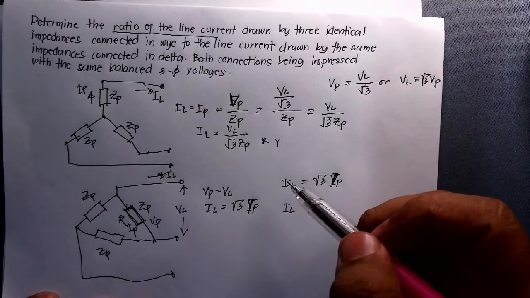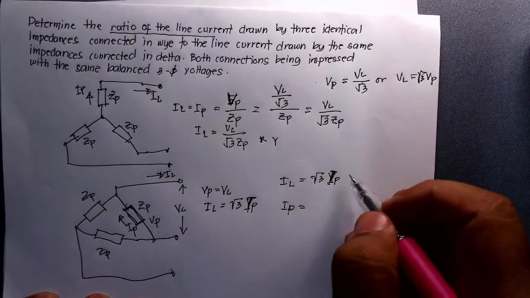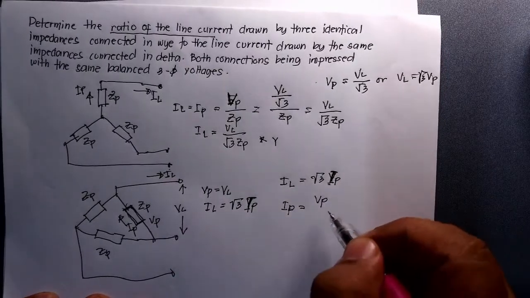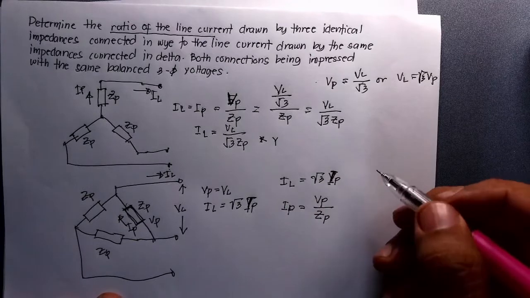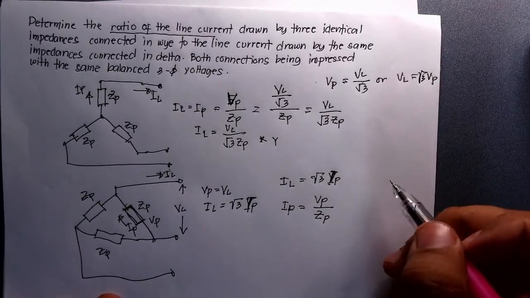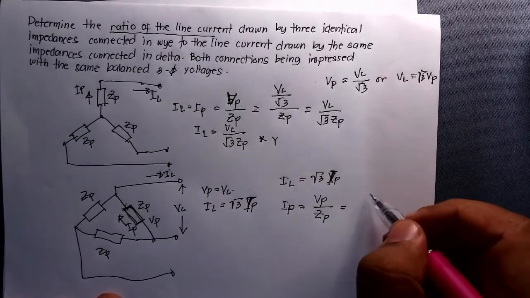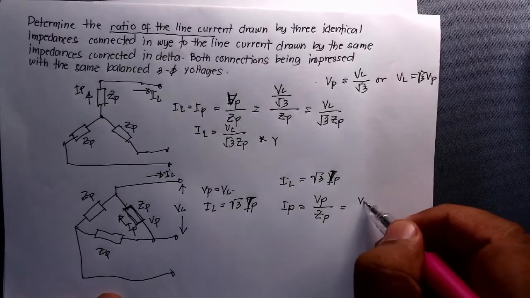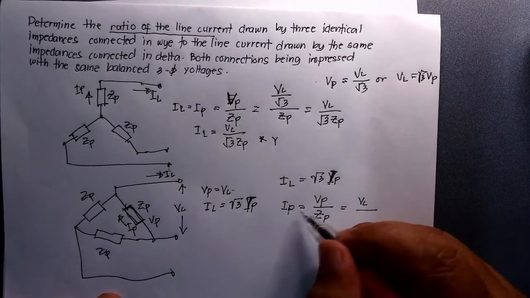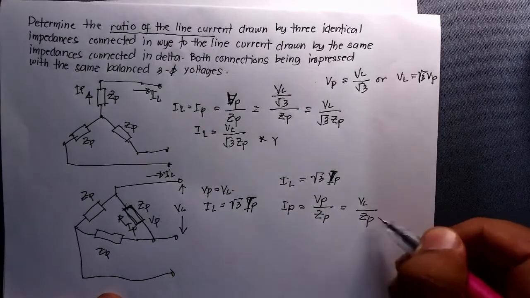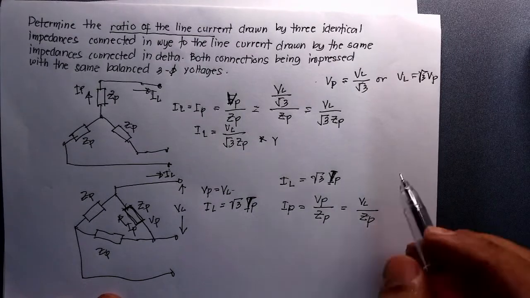First, let us solve for the I P, or the phase current here, and that will be V sub P over Z sub P. Your V sub P is actually equal to V sub L, so it will give you V sub L over Z sub P equals I sub P.